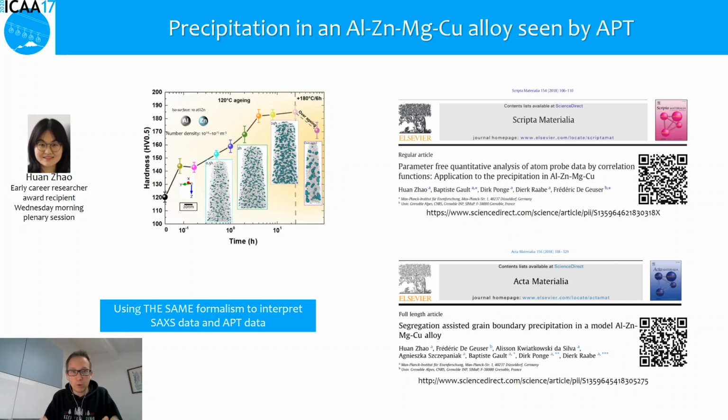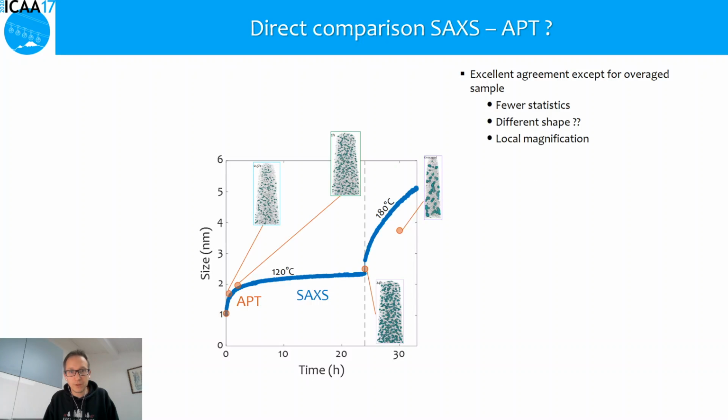Here I will use this data as an example: on an aluminum-zinc-magnesium alloy, we use the same interpretation formalism to interpret SAXS and Atom Probe data. The result is that we can compare directly the size from SAXS and the size from Atom Probe, and the agreement is actually very nice.